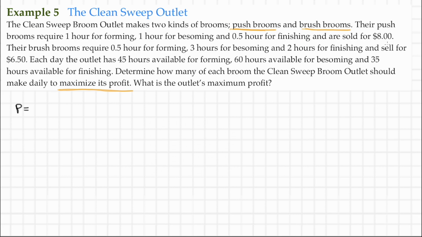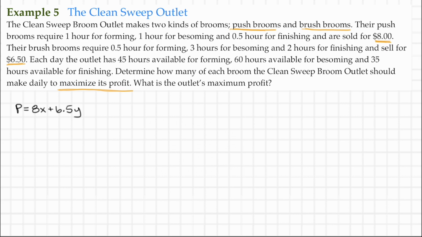Each push broom is $8, and each brush broom is $6.50. So we could express the objective function as P equals, if we let X be the push brooms, 8X, and if we let Y be the brush brooms, plus 6.5Y. So this is our objective function for this linear programming problem.